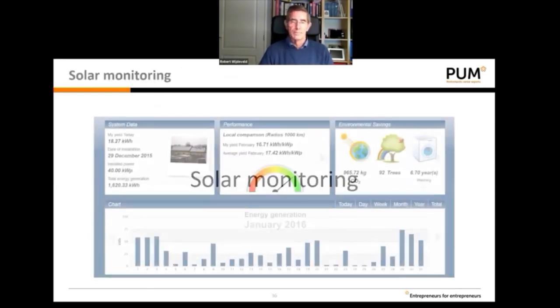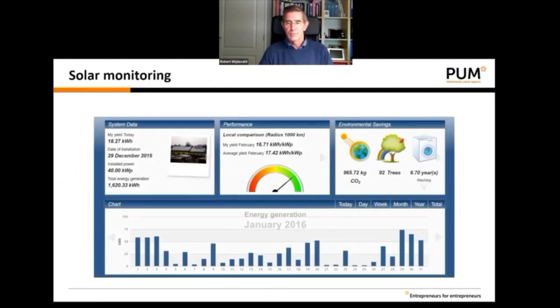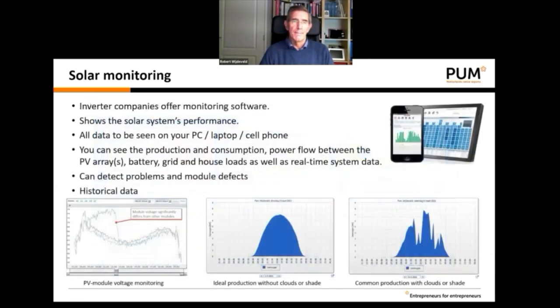Solar monitoring. This is a dashboard from a monitoring system which you can have on your mobile phone or on your PC or on your tablet. The inverter companies offer monitoring software.